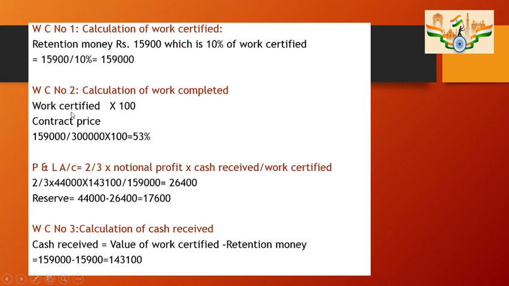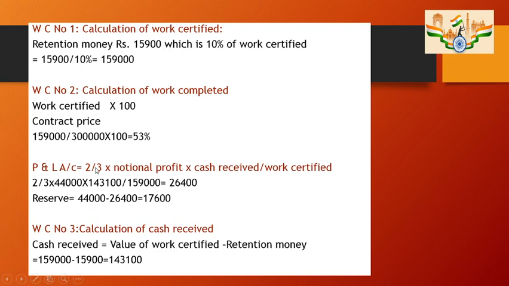Work certified divided by contract price into 100. 1,59,000 rupees divided by total contract price, 3 lakh, into 100. So work completion is 53%. So now if work completion is more than 50 and less than 90, then 2/3 of the notional profit has to be transferred to P&L account. So there will be a formula for that.